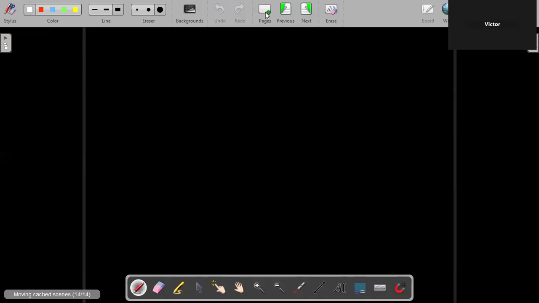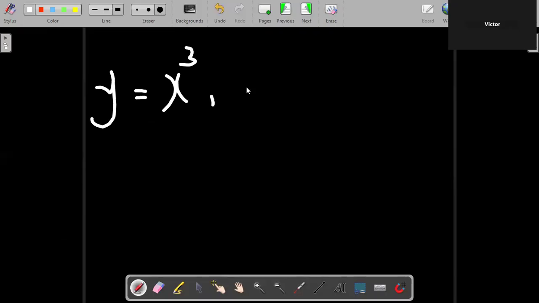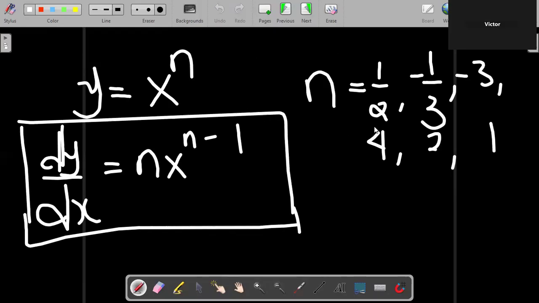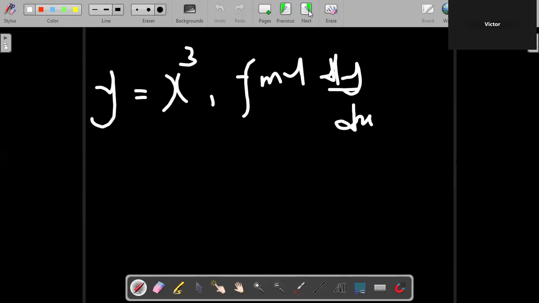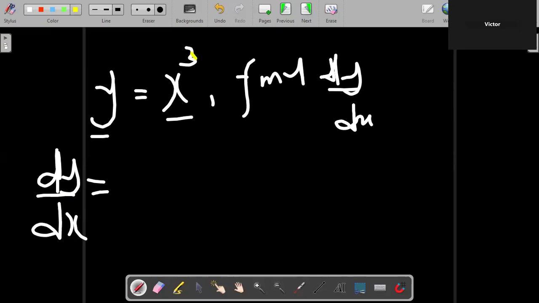So for instance, if you have y to be x to the power 3, we are asked to find dy dx. So if you go back, this is how you look like now. So what's our dy dx? n x to the n minus 1. So what this actually means is that this is y versus x, that's why we are writing it as dy dx. Are you seeing it? Y depends on x. So the formula is that this 3 will come down.